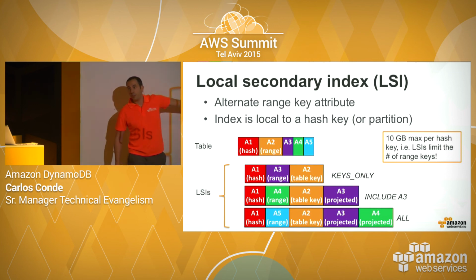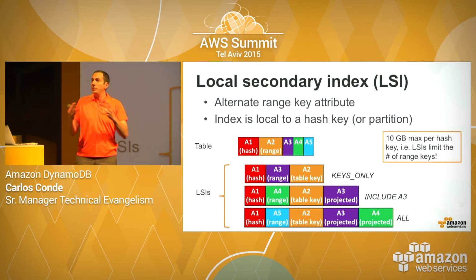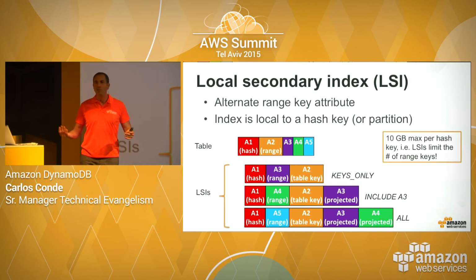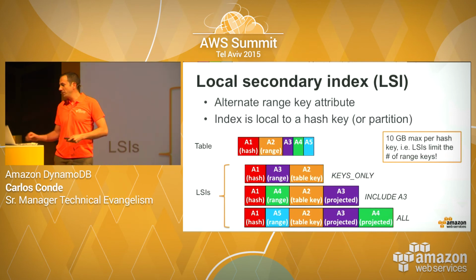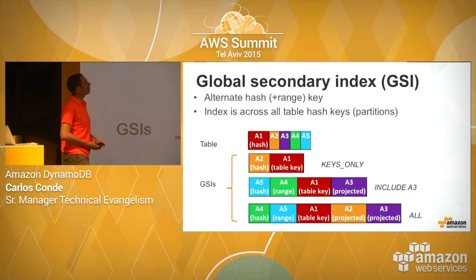I'm keeping the same hash, and that's why we call it a local secondary index. And then I can project the other attributes. Local secondary indexes are great to create other indexes that give you a richer set of queries. But keep in mind that you are limited to 10 gigabytes per hash key, which in most cases is hugely sufficient, but in others might be something you want to look for.